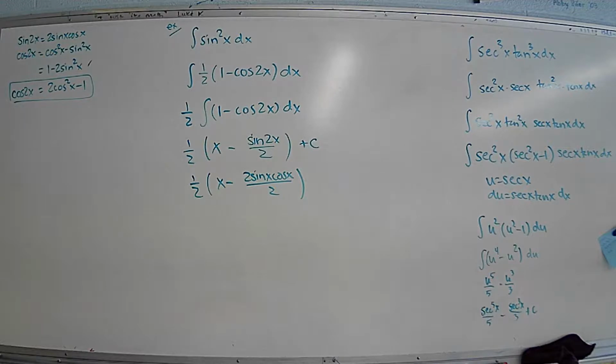You wouldn't have the even power of secant. So it seems like when secant and tangent are kind of commingling together like that, if you're going to let u equal tangent, you need an even power of secant.